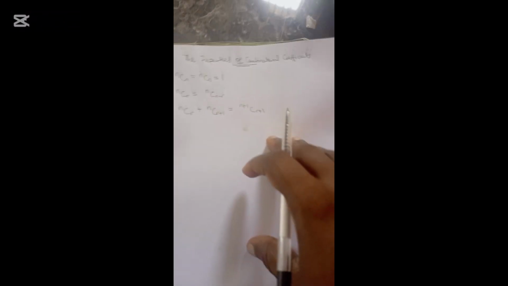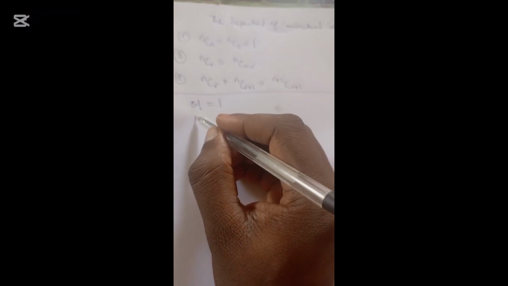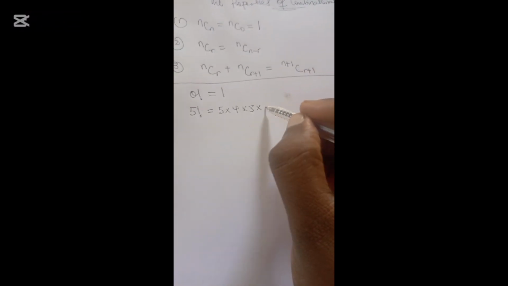But to really make sense of this, it's very important to note that 0 factorial is 1. And also, when we say 5 factorial, we mean 5 times 4 times 3 times 2 times 1.